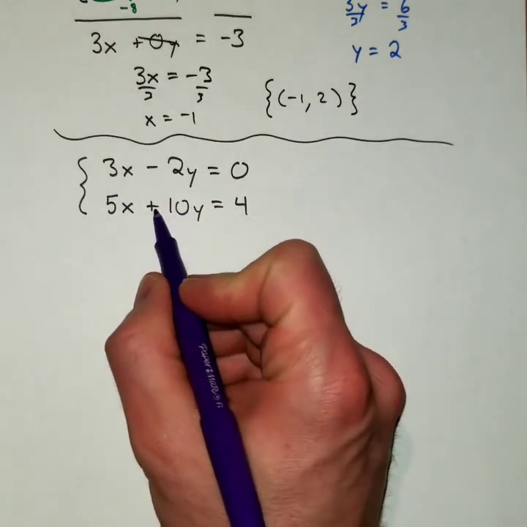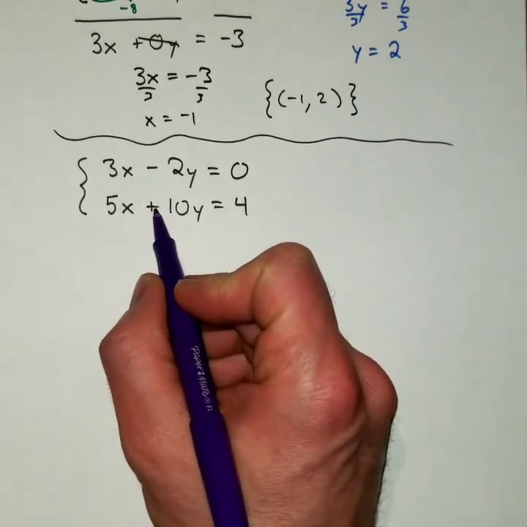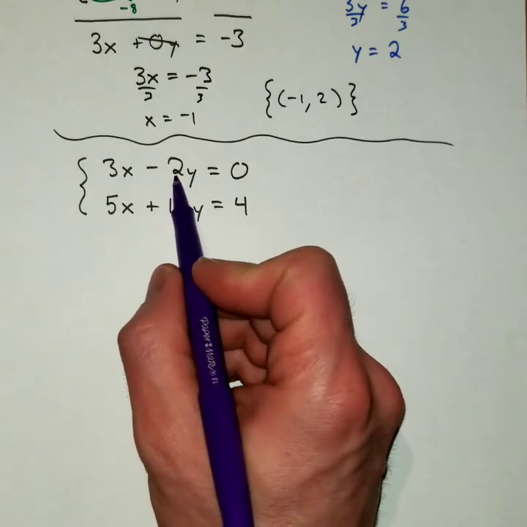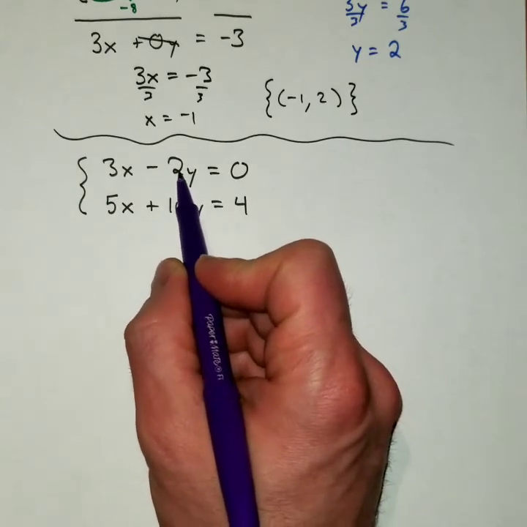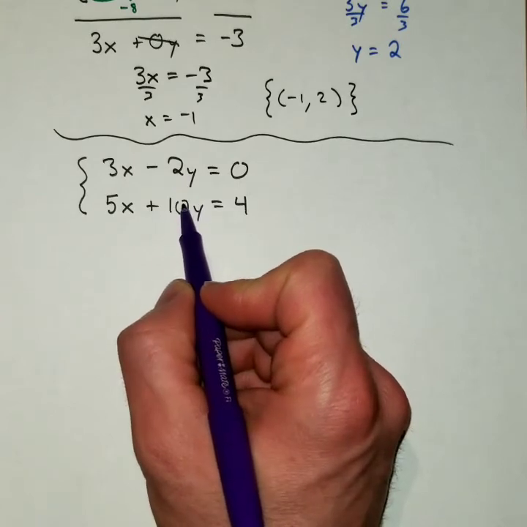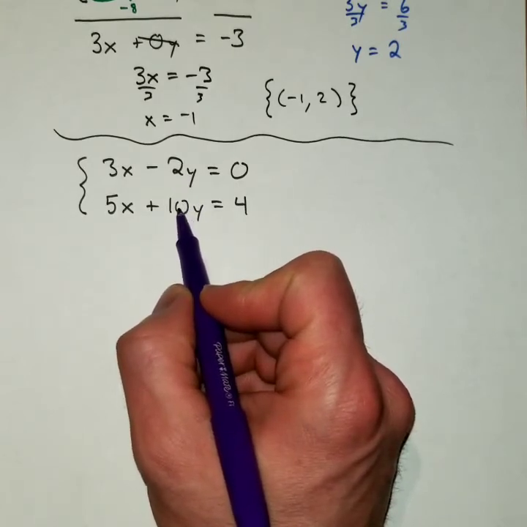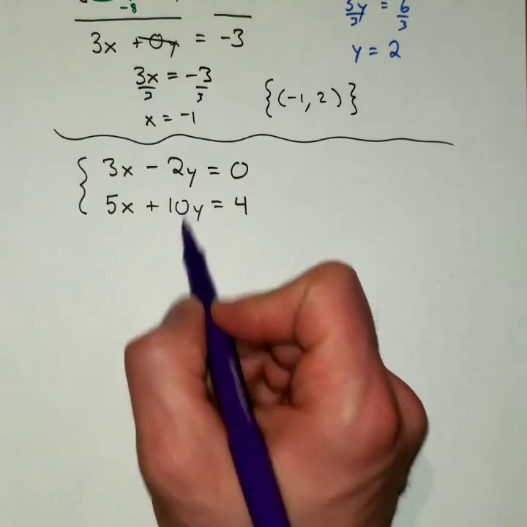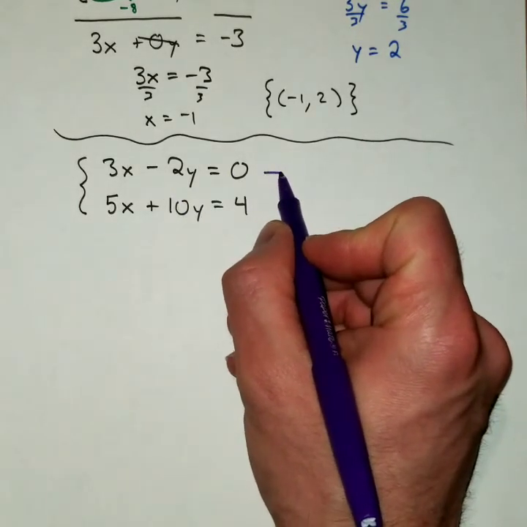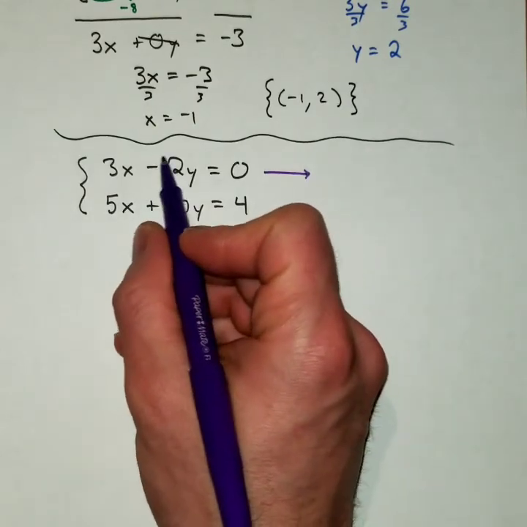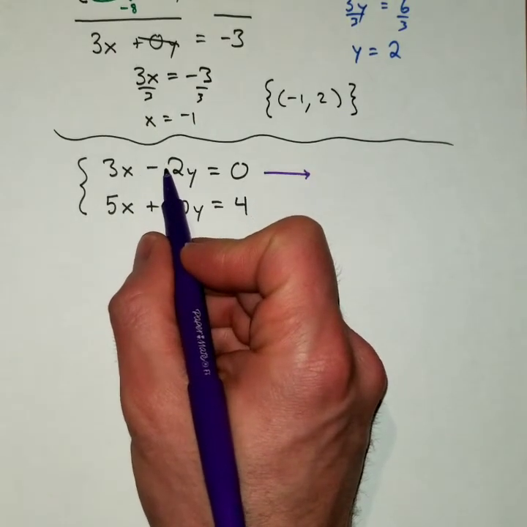I already have a negative and a positive on the y, so that might be the easiest one to work with. In order to get these to be opposites, I need to build the 2 up to a 10, or find the least common multiple, get them both to the same thing. So to do that, I need to multiply this negative 2 by a 5.